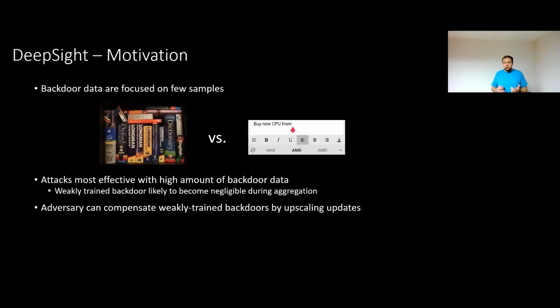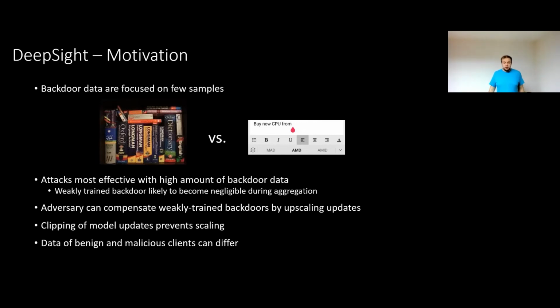Of course, the adversary could actually compensate this weak training by upscaling the models, such that when averaging it with the benign models, they have a higher impact. However, this can be actually mitigated by just constraining the maximal distance between the local models and the global model.